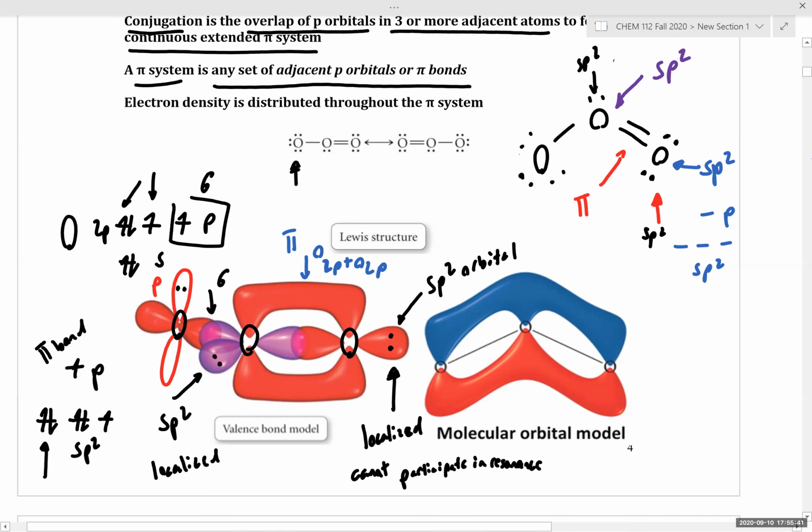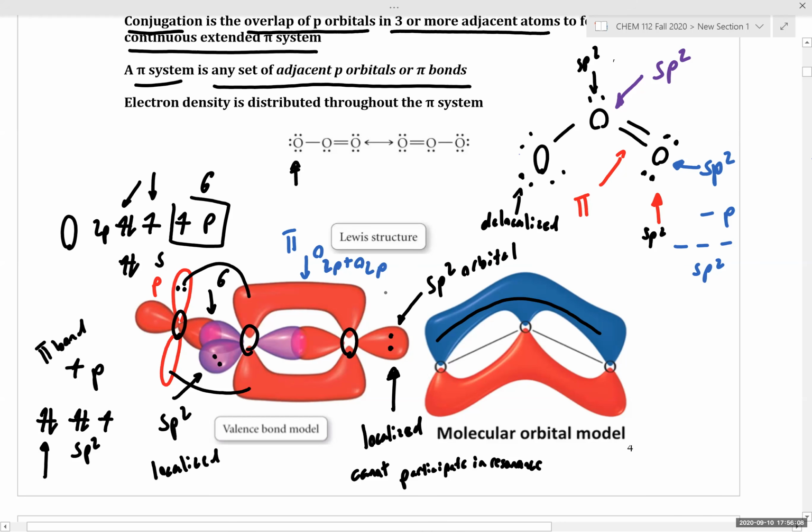So then, as a result, the lone pair on oxygen, this lone pair right here, is considered delocalized, and it can participate in resonance. So as a result, this lone pair can distribute its electron density across the pi system.